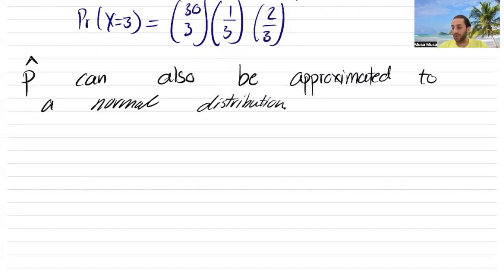Now, in terms of how we would actually calculate this, actually, before we get into that, there's a few points we have to make. First, are there any conditions? Like before I said np has to be greater than 5 and n times 1 minus p has to be greater than 5. The conditions here are a bit different. They're not mentioned in your textbook, but from my own understanding, they look something like this.